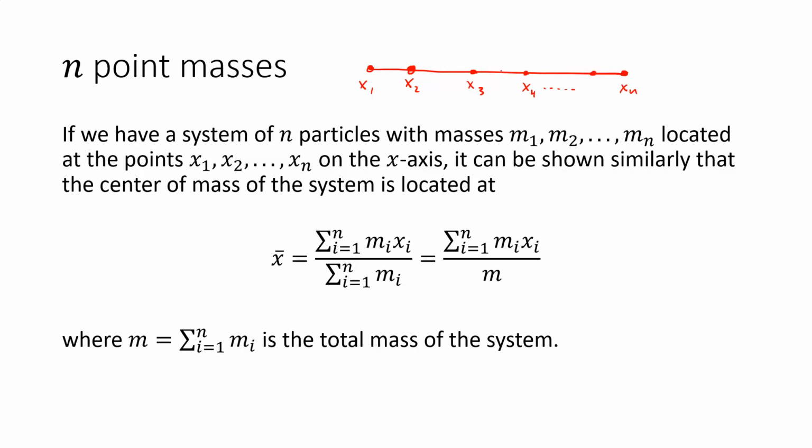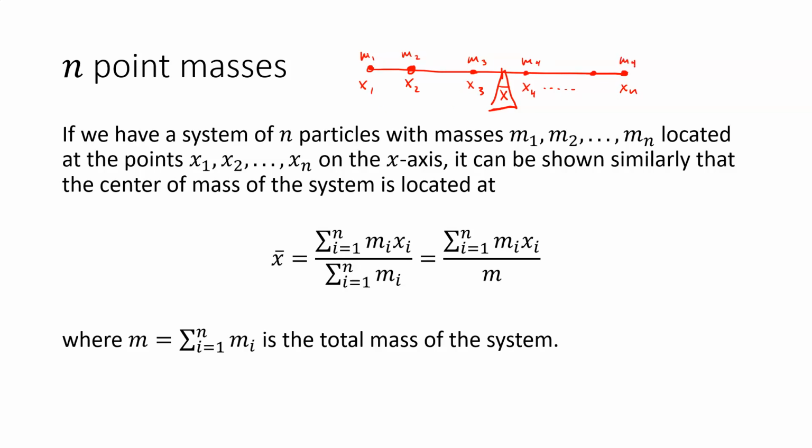And we want to know where our x bar, our fulcrum, is going to be located that'll allow us to balance this. And so the principle is essentially the same. It can be shown that each mass at each point here has a particular coordinate that tells you its location.